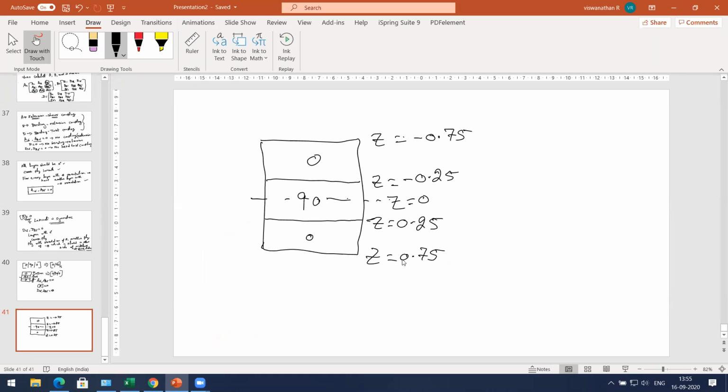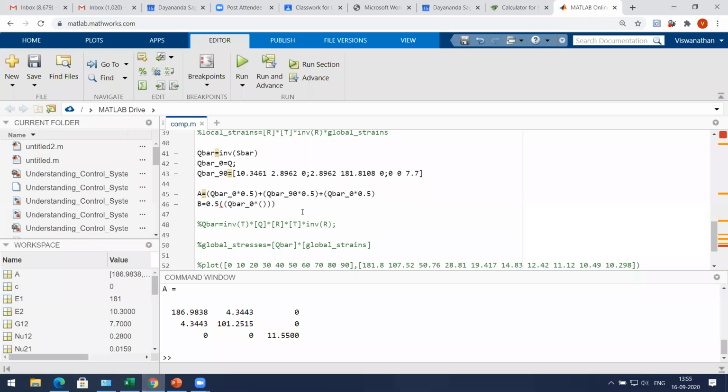For the bottom side, you always take the largest distance: 0.75 square minus 0.25 square. So this is for the q bar at 0 degree.